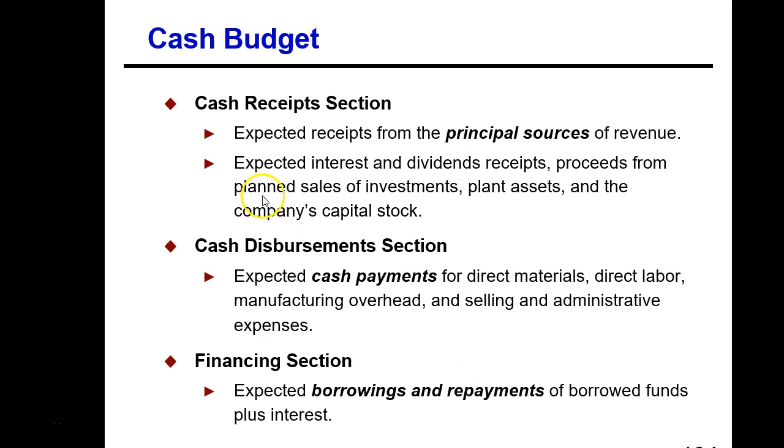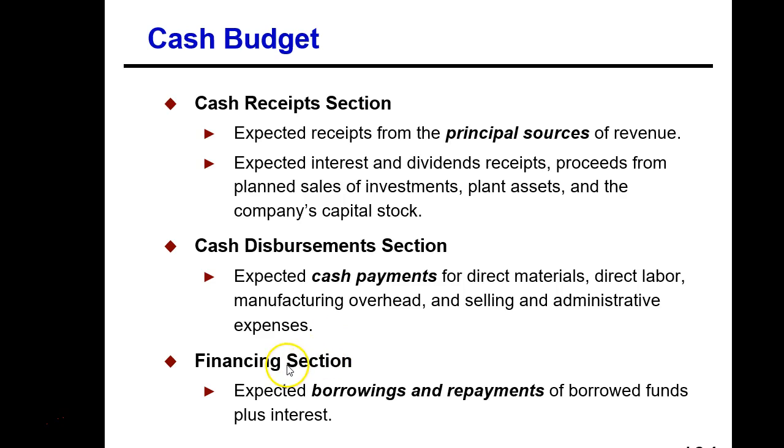Okay, so the cash receipts will show all of the different sources of revenue, whether it's from sale of products, from investments, dividends, capital stock. This section will show any cash receipts that we expect to come in throughout the fiscal year. The cash disbursements will show any cash payments being made for materials, labor costs, overhead, other expenses.